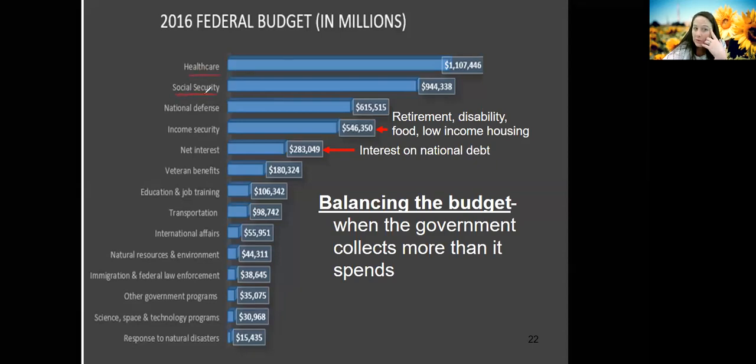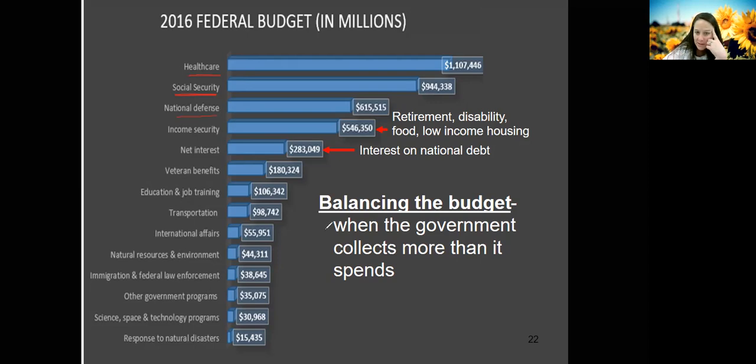So older folks, 65 and older, children that have lost a parent that needs some financial assistance, Social Security helps with that. If you are disabled, you can get a Social Security check. National defense, that would be military, income security, retirement, disability, food, low income. And then you guys can see the list as it goes down.